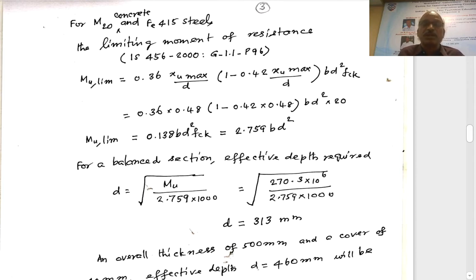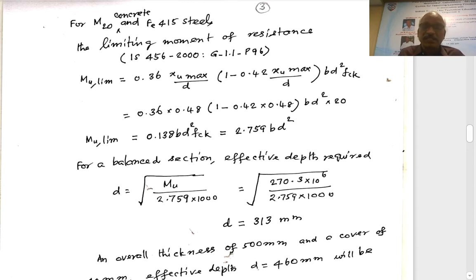We are using M20 concrete, so fck equals 20, right? That gives the limiting moment resistance equal to 0.138 fck b d square, or when we substitute the value of fck, it is 2.759 b d square, right? So that is the limiting moment of resistance as a balanced section.